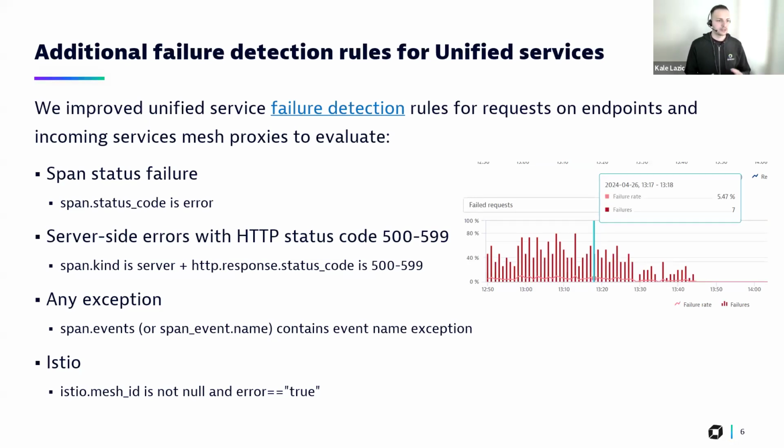Furthermore, based on span events, if there's an exception, we mark the request as failed. And last but not least, if you use Istio, a service mesh, and the Istio mesh ID for the span is not null and it shows that there's an error, we also mark the request as failed.